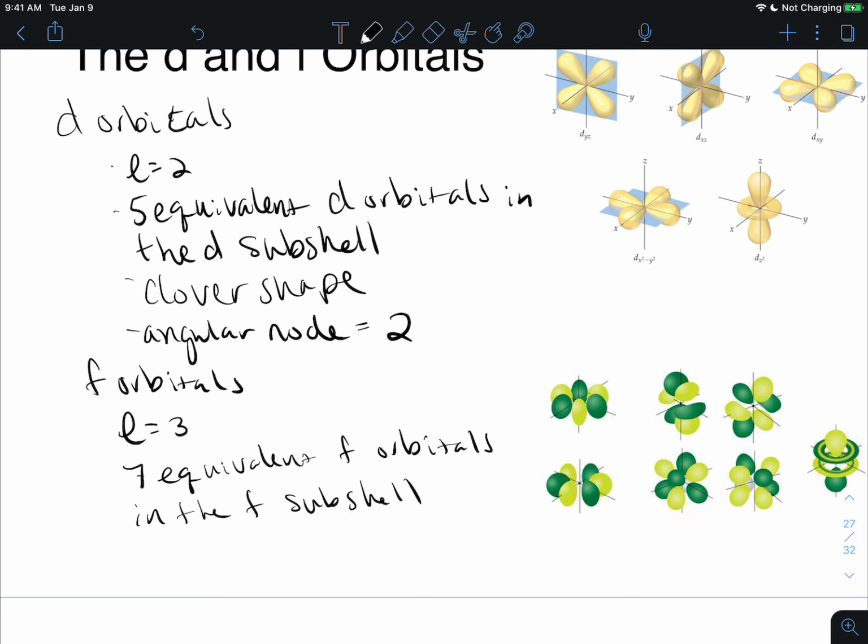So they're significantly more complicated than any of our others, our s, our p, or our d. Here, our angular nodes are equal to 3. And of course, we have our radial or spherical nodes for both of these that can be calculated by n minus L minus 1.